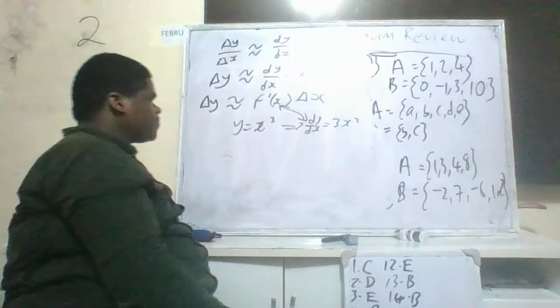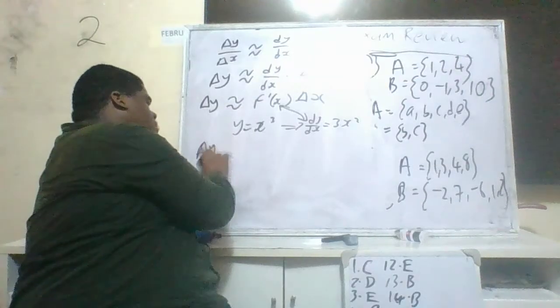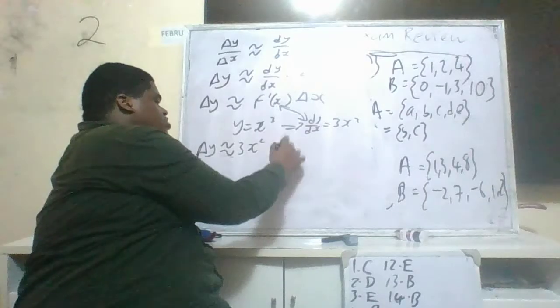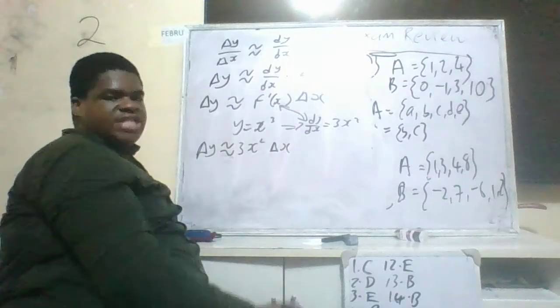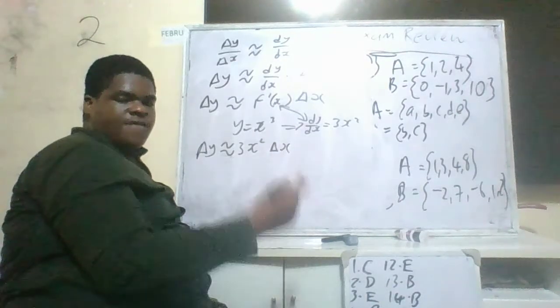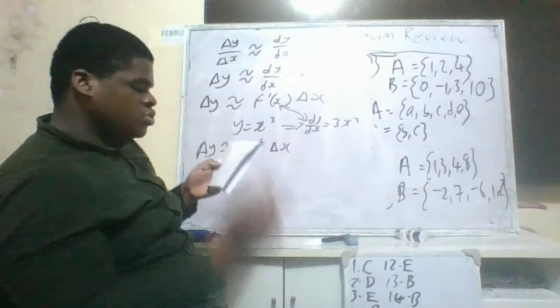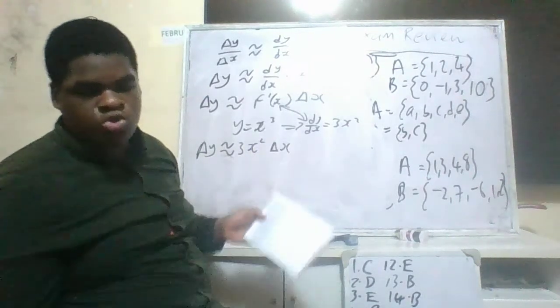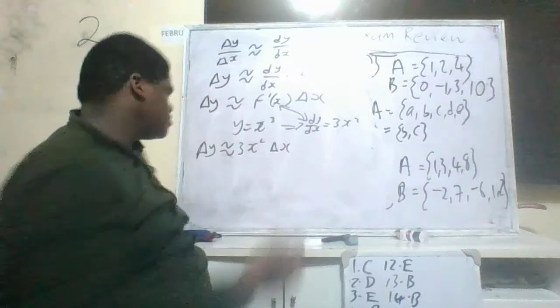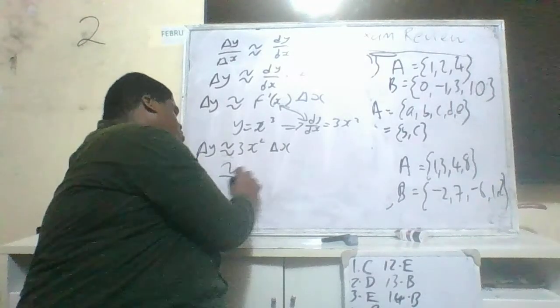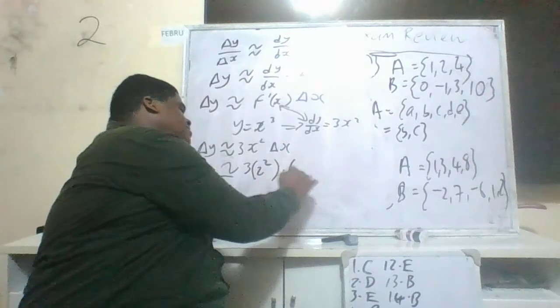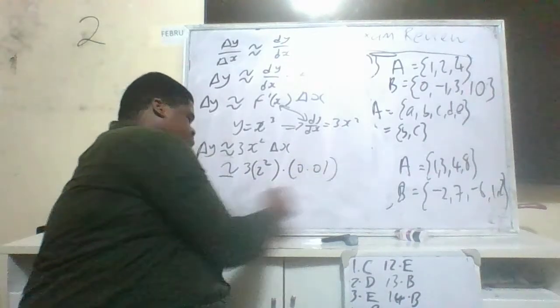It's the same thing. So change in y, which is what we're looking for, is approximately going to be equal to 3x squared times your change in x. What's your change in x? As x changed from 2 to 2.01, your change in x will be 2.01 minus 2, which is equal to 0.01. So this is approximately equal to 3 times 2 squared times 0.01.